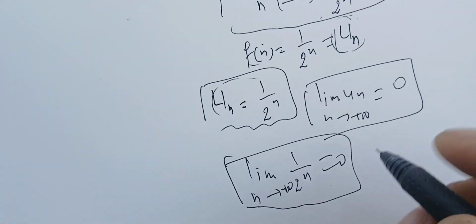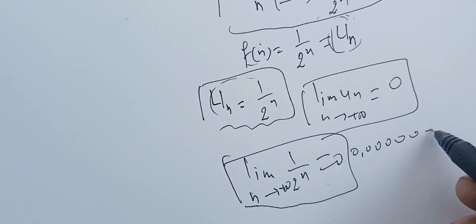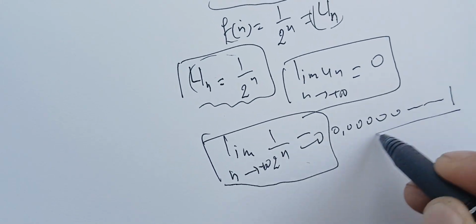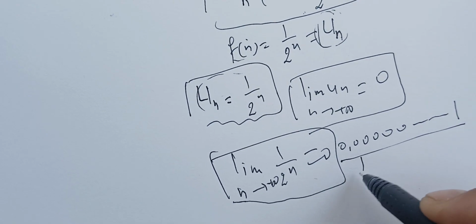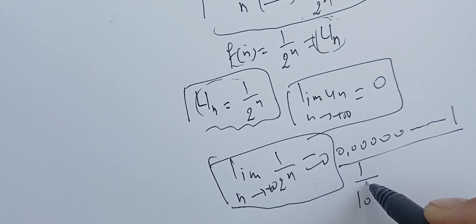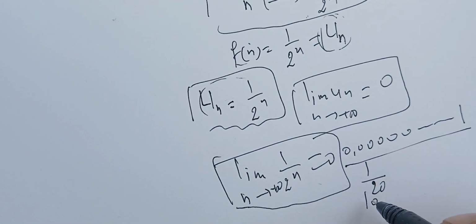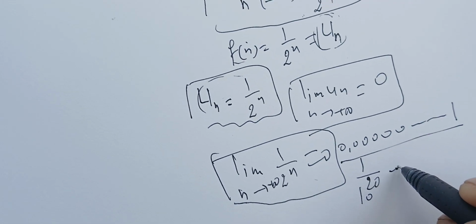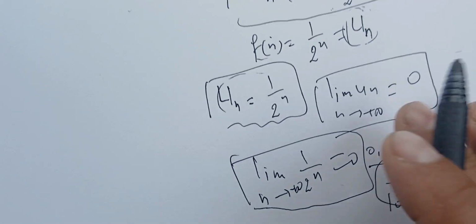If you don't agree, you're going to say, okay, so it's not zero, it's 0.000000001. But this is zero for us. It's very tiny, very small. It's 1 over 10 to, let's say, 20. This is zero. It's not exactly zero, but it's almost zero.